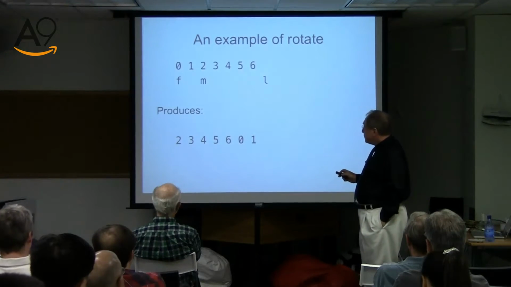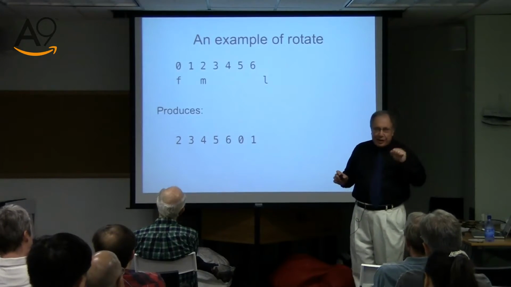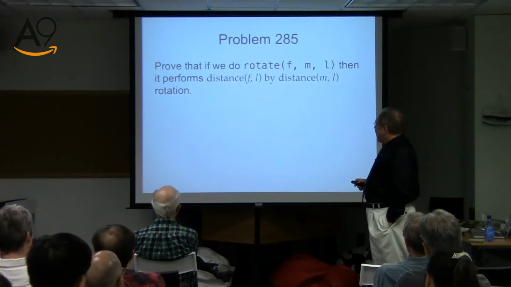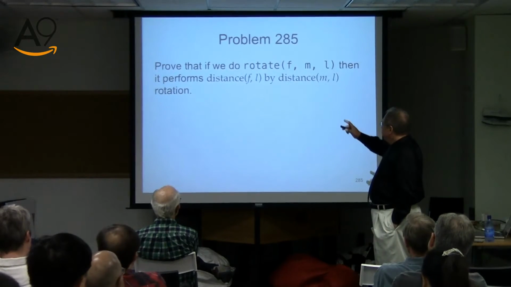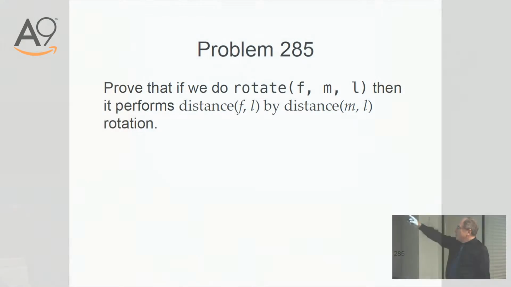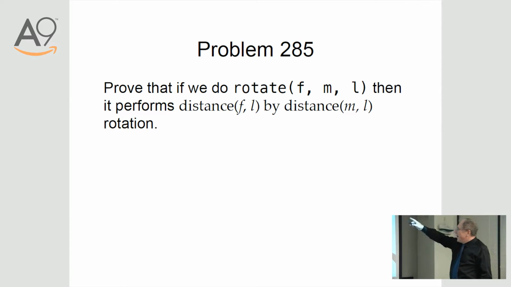Okay. So it's a little bit confusing, but you have to sort of... indices are horrible things. You have to always think about it, and you make lots of mistakes. Okay. So prove that we do rotate if we perform distance by its n.